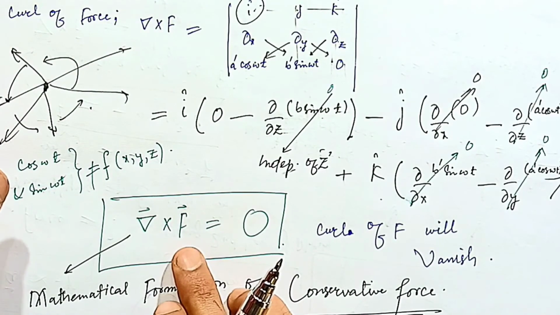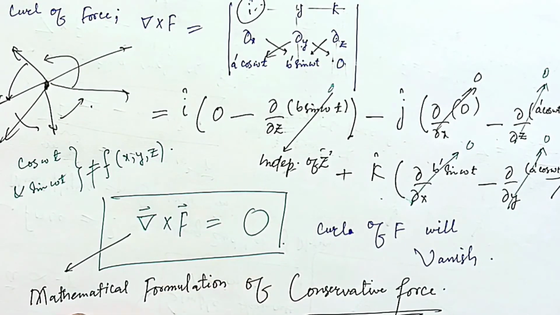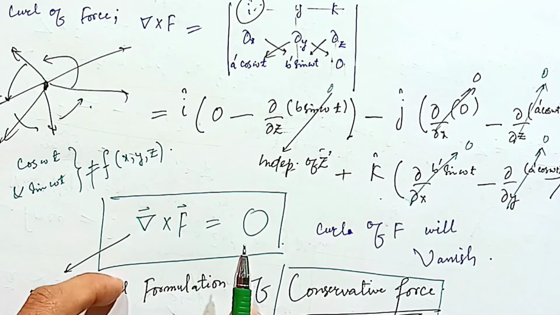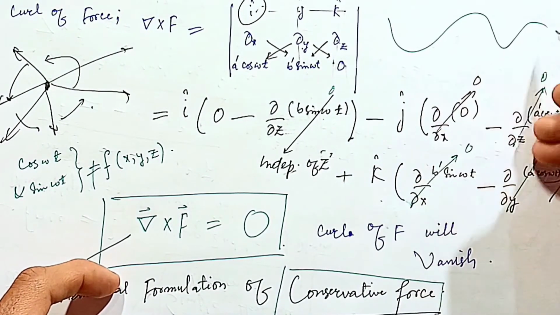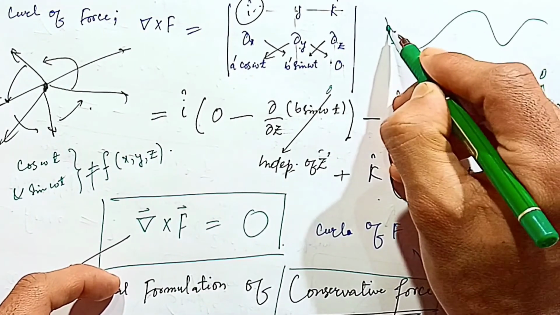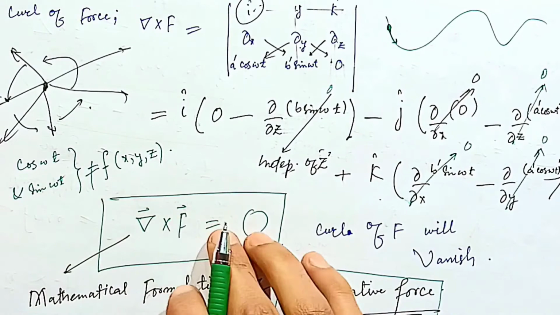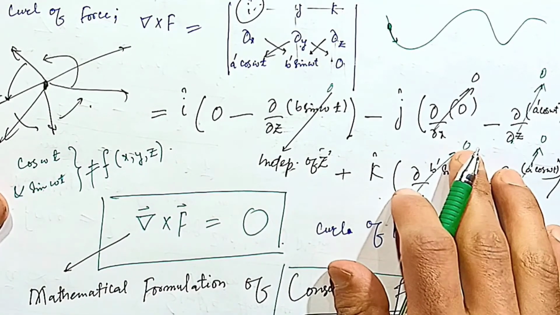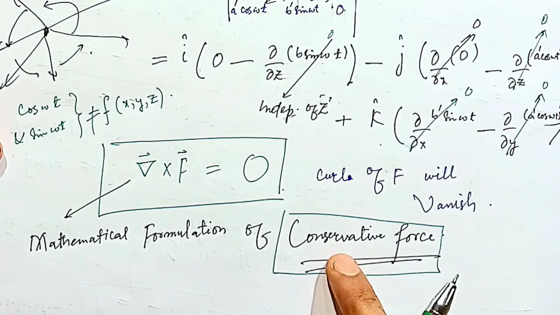So the curl of the force is vanished. That is the mathematical formulation of the conservative force. That means the force which we were discussing along the curve given by R equal to cosine of omega t and sine of omega t is actually a conservative force.